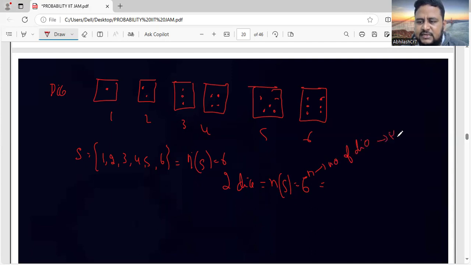Here n is 2, so 6 to the power of 2, that is 36. Suppose it is 3 dice, the sample space will be 216.